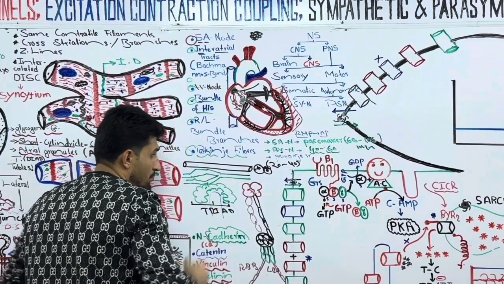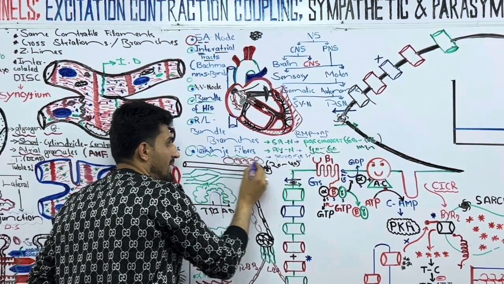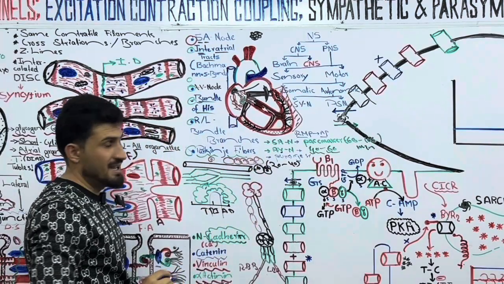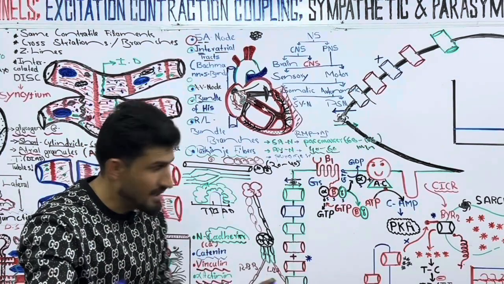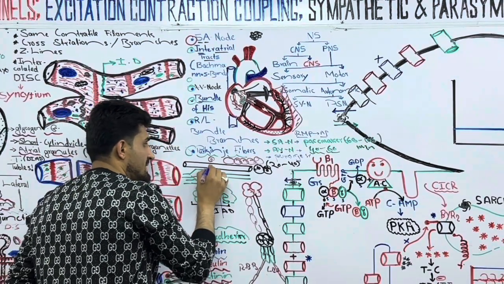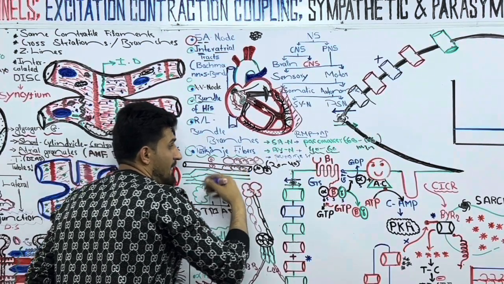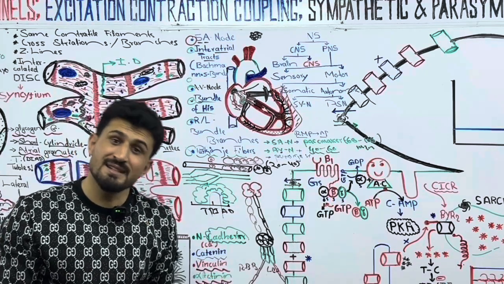Now when you pass depolarization and repolarization from one cell to another through 1,000 cells, it takes, for example, 0.5 seconds. But when you pass this depolarization and repolarization through gap junctions among 10,000 cells, it takes, for example, 0.8 seconds.